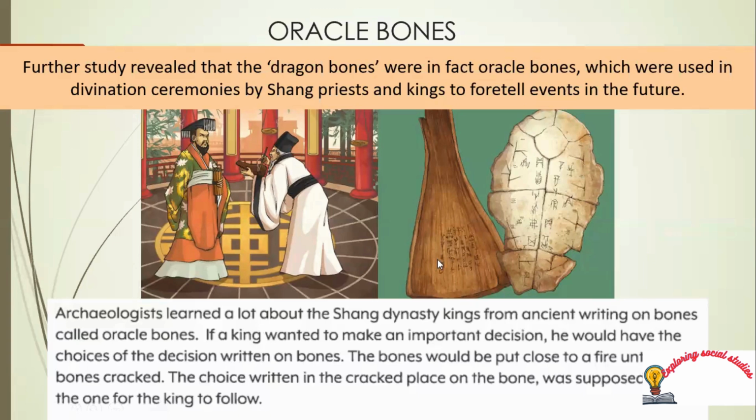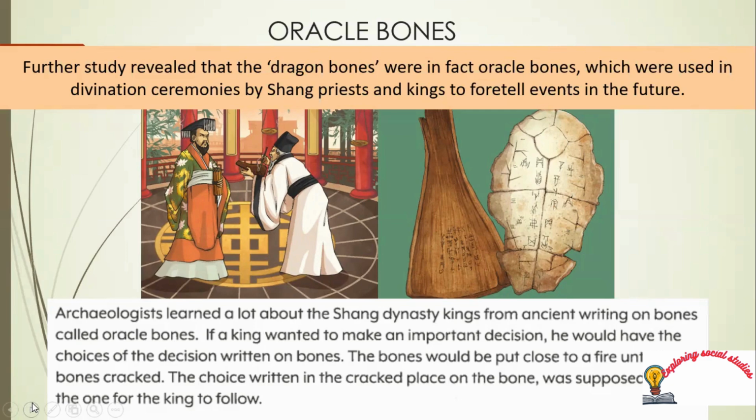Oracle bones. What are oracle bones? Let's discuss. Further study revealed that the dragon bones were in fact oracle bones, which were used in divination ceremonies by Shang priests and kings to foretell events in the future. Archaeologists learn a lot about the Shang dynasty kings from ancient writing on bones called oracle bones.